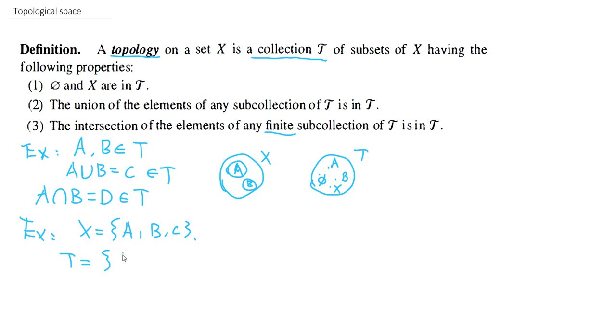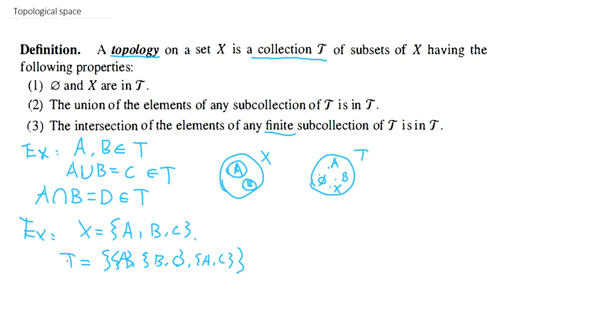We have the empty set, a set of A, a set of B, C, and a set of A, C. So the question is, is this collection T a topology of X?